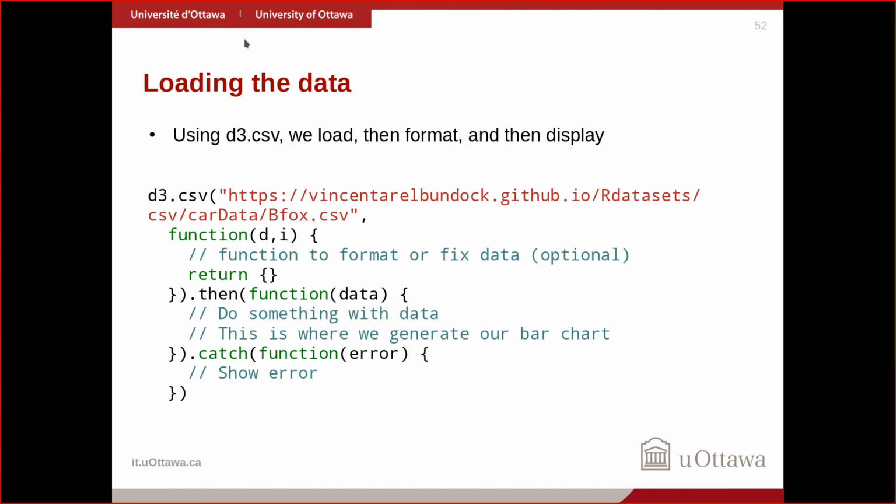The way that works is using d3.csv. It's kind of a big function, so I'll go through it. We have D3 again, which is our library, and then the function csv that loads this big URL, which is the CSV file that contains our data.